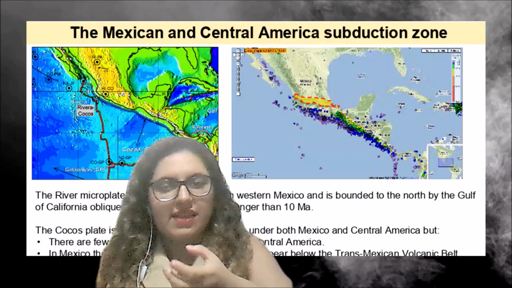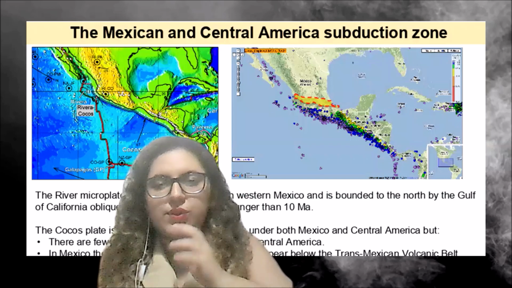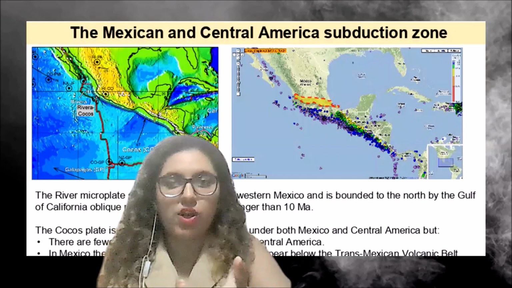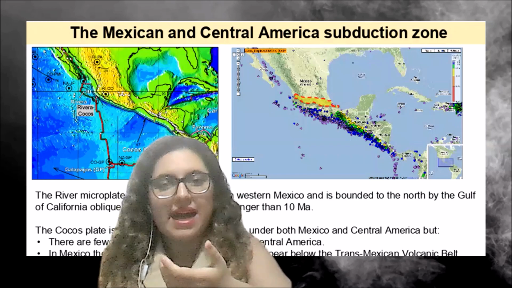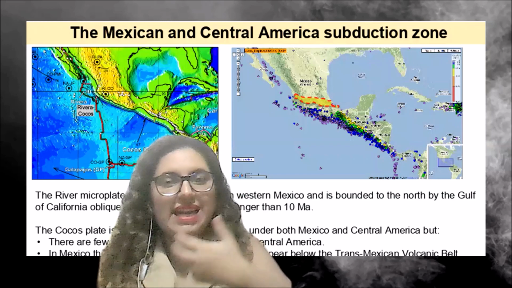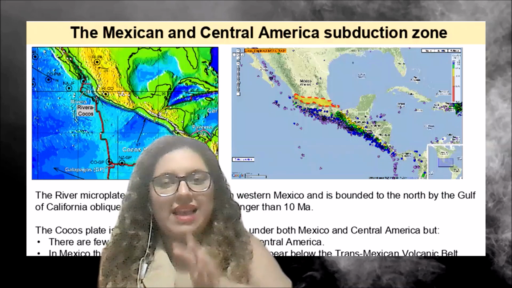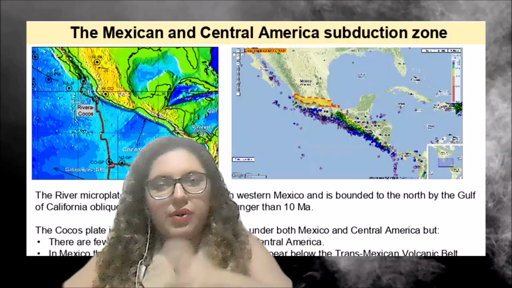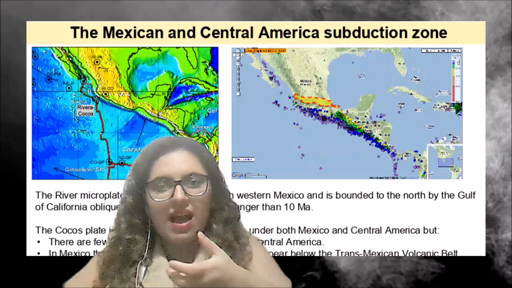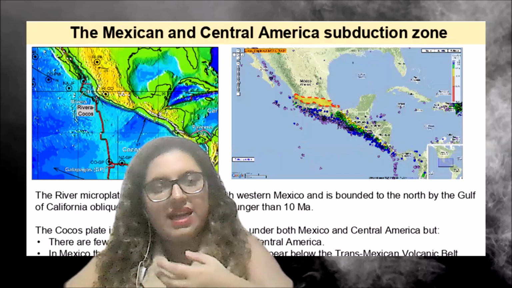The Cocos Plate is 11 to 25 million years old and subducts under both Mexico and Central America, but there are fewer earthquakes in Mexico than in Central America. In Mexico, the earthquakes are shallower and disappear below the Trans-Mexican volcanic belt.